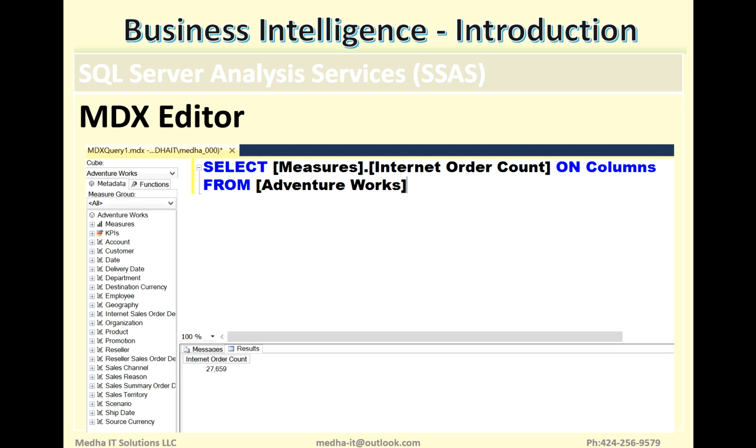MDX is used to query analysis services multidimensional model. Okay, so DAX is the new one, introduced a couple of years back, and now SQL Server has introduced a lot of functions in DAX, so it is also important to learn DAX.